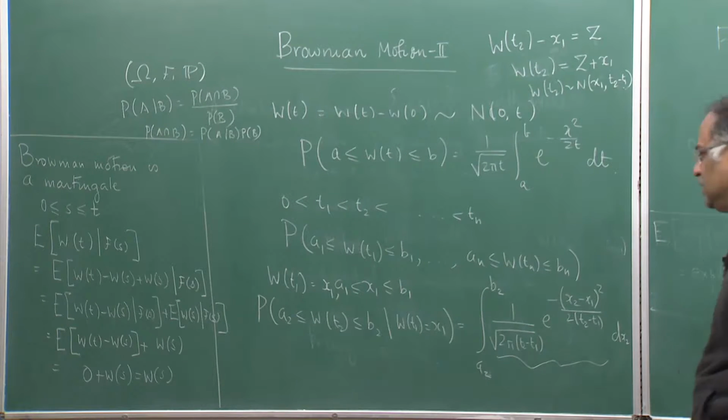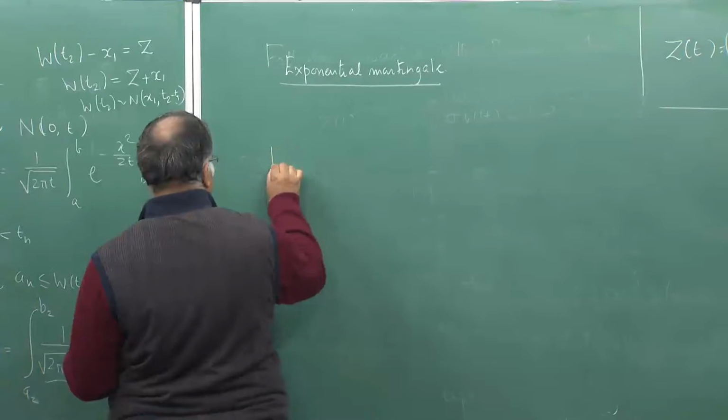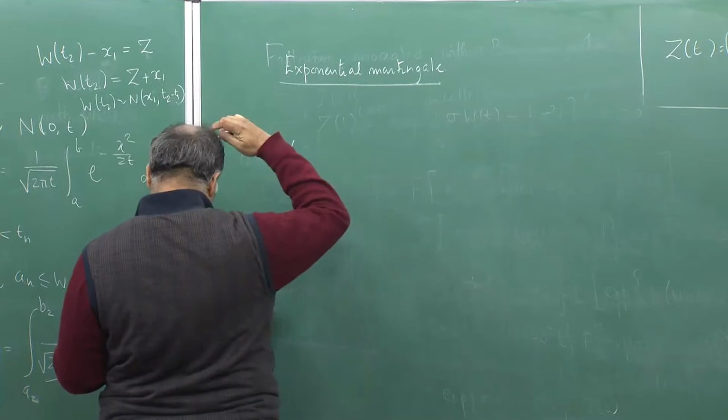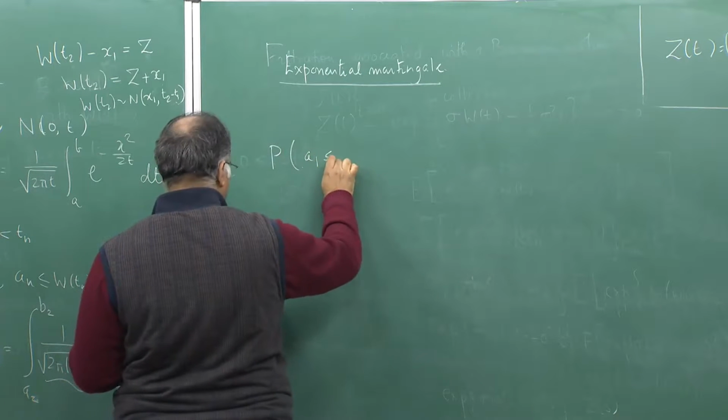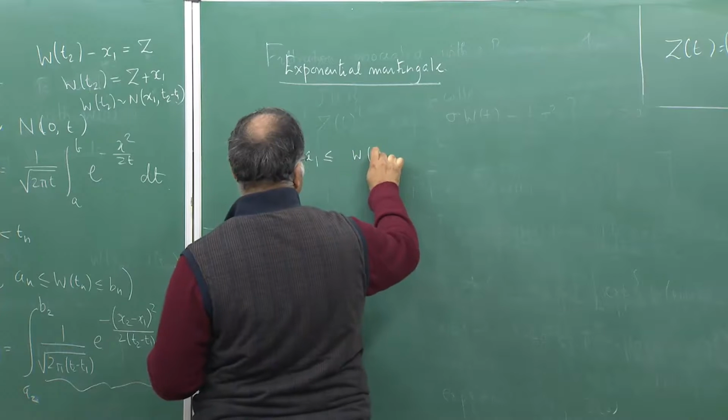If you look at this, now I am writing this one. This is a joint probability.